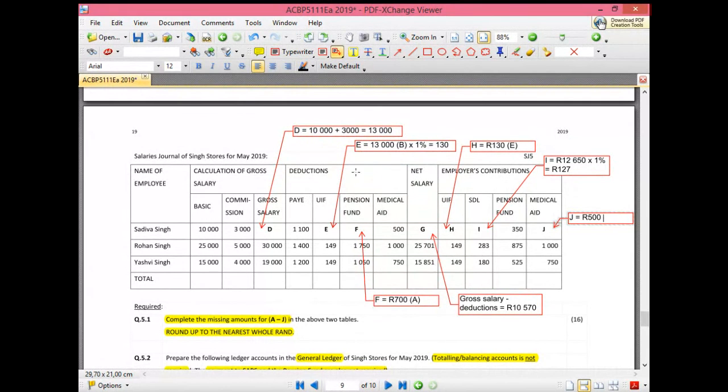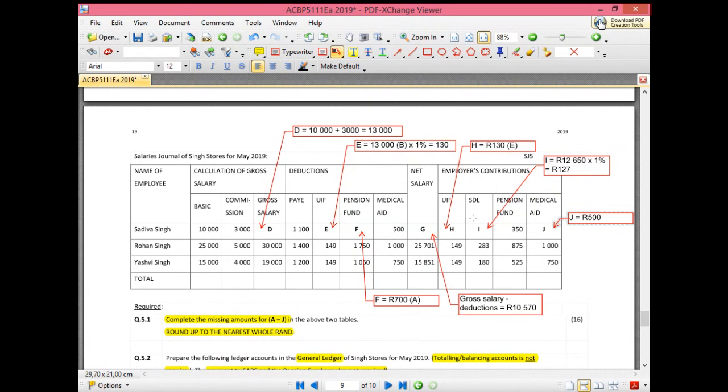Then they show what is deducted from your salary before they pay your net amount over to you. Now, the employer's contribution is what the employer is required by law or company policy to pay in addition to your net salary. So these are added benefits you receive as an employee.